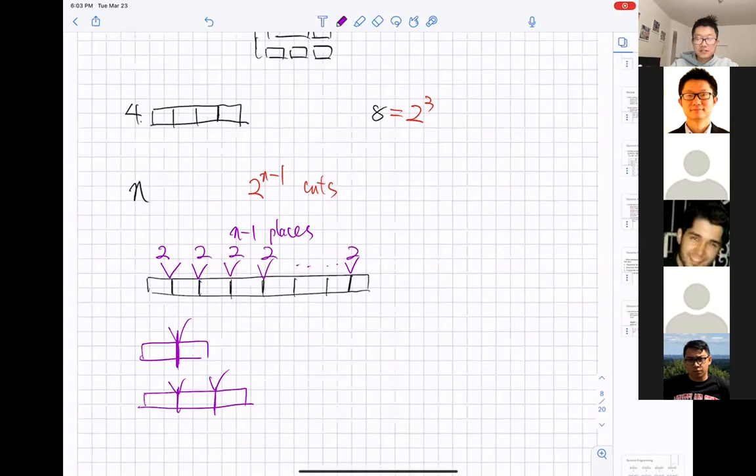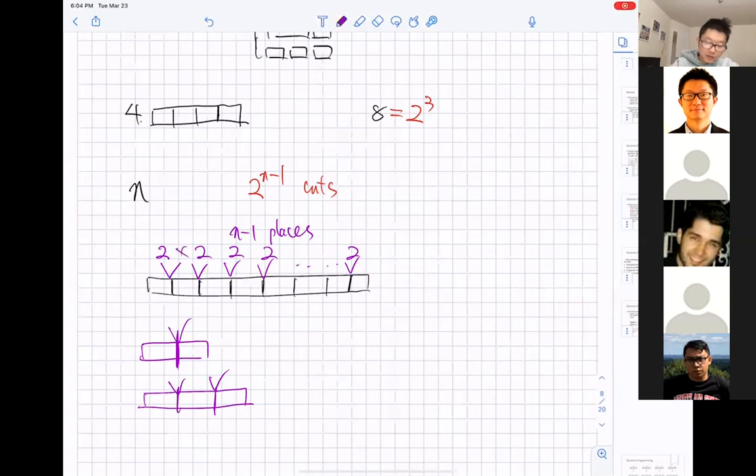All these choices at different places are independent. If we decide to make a cut over here, it doesn't impact our decision about whether to make a cut over there. So we have n minus 1 different instances where we need to make a decision, and these instances are totally independent.